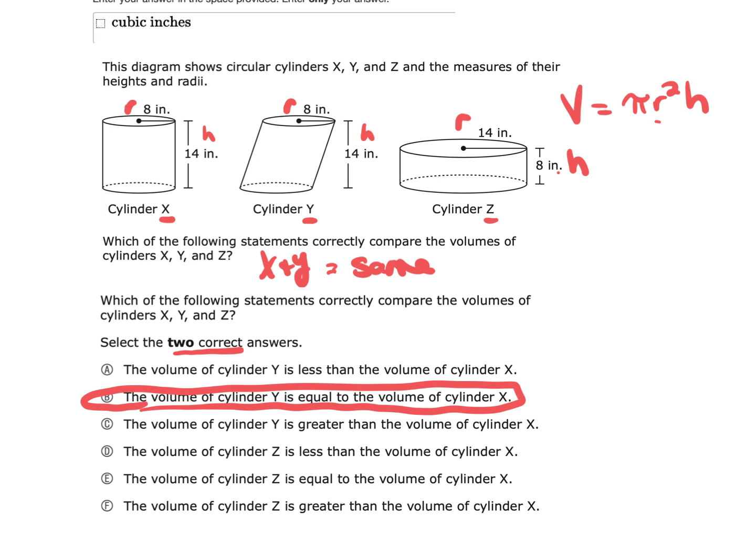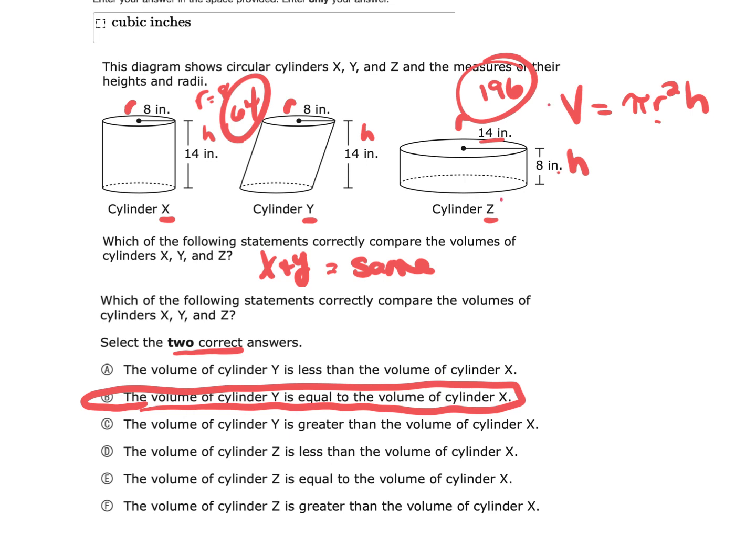Okay, so with a radius of 8 being here, 8 squared is 64. 14 squared obviously is going to be larger than that because 14 is larger than 8. So when I square 14, I do believe I get 196. So even though the height's smaller, the radius is significantly bigger.